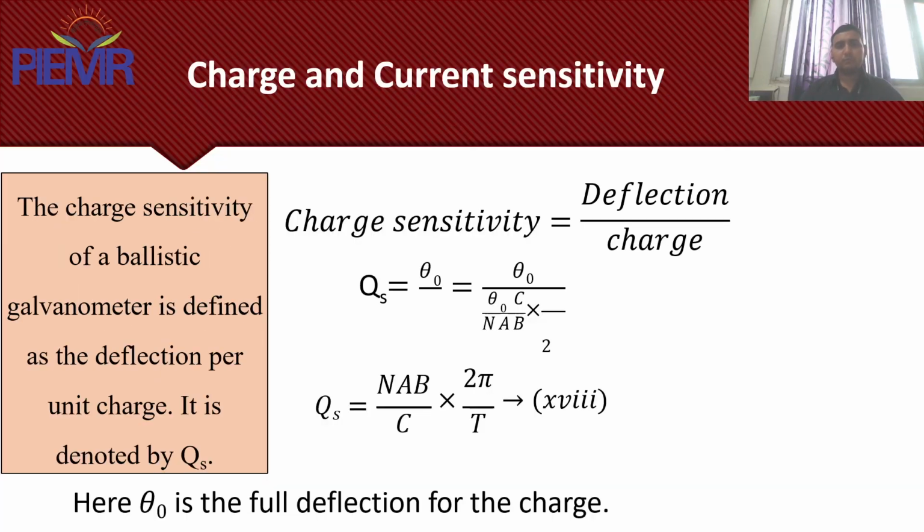One more thing: charge sensitivity. Sensitivity is one of the important factors, which relies on the output upon the input. As we say, deflection is our output and charge is our input. So we have the equation for the ballistic galvanometer, NAB by C equal to 2 pi by T, which is our eighth equation for the charge sensitivity.